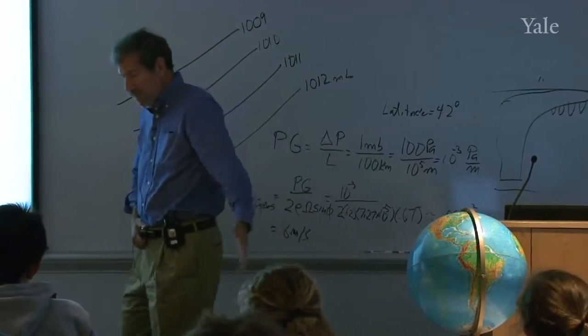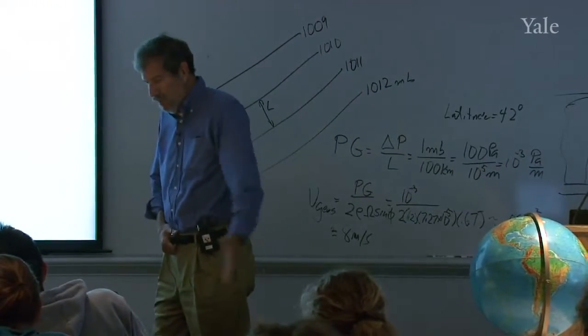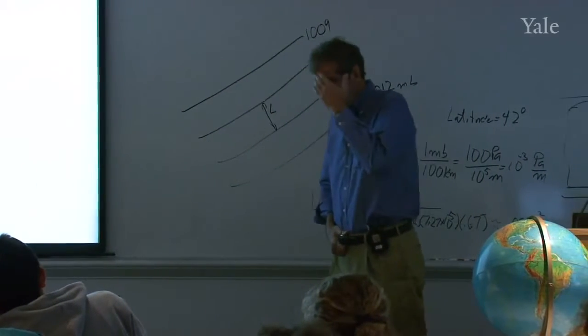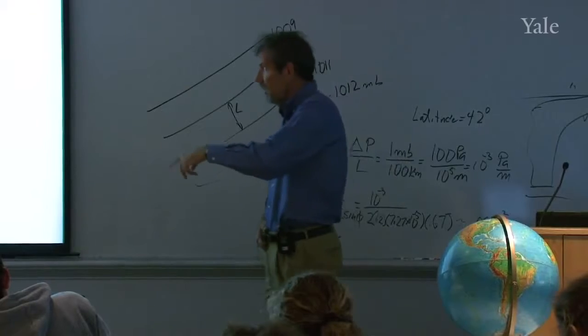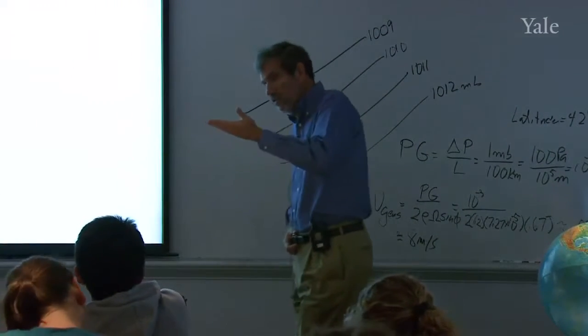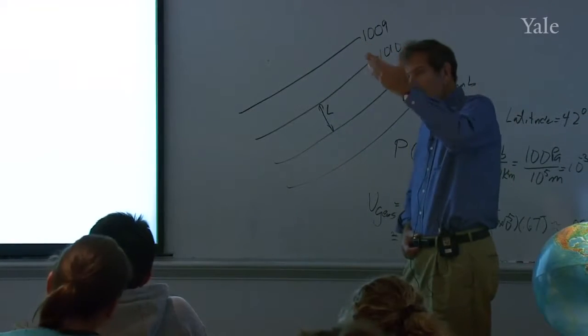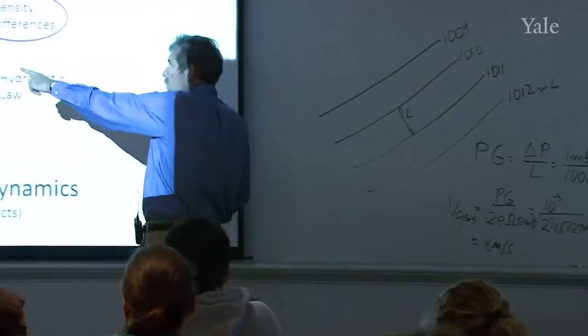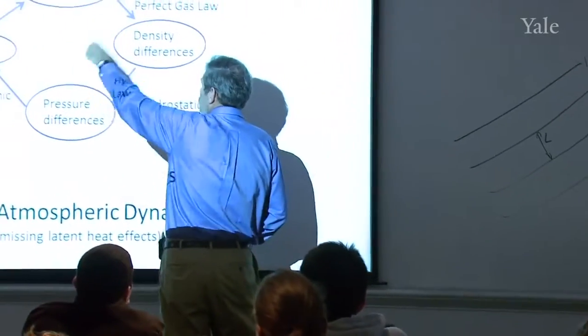So air will advect from one place to another, carrying its temperature field with it. So that's going to cause a change in some region's temperature. And the other thing, if air converges horizontally and air rises, then you get adiabatic cooling. Or if air descends, you get adiabatic warming. So there's a couple of ways in which the wind can influence the temperature. And then the loop just continues.